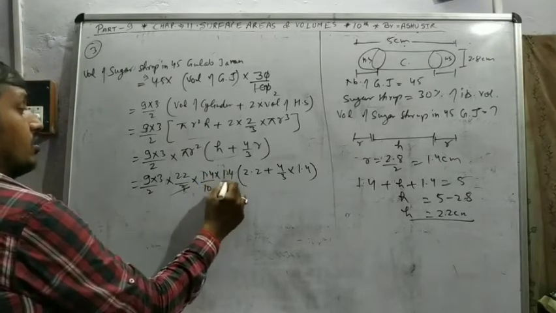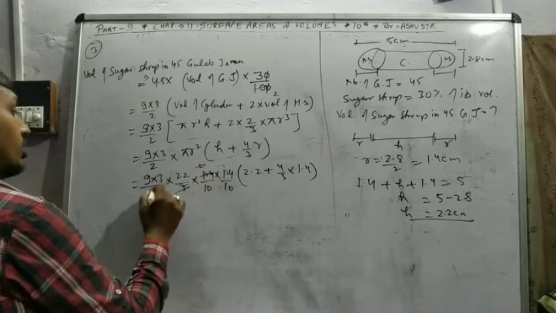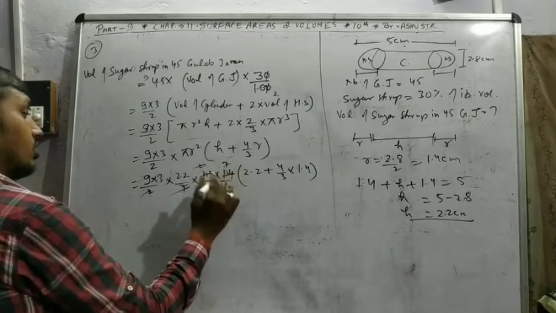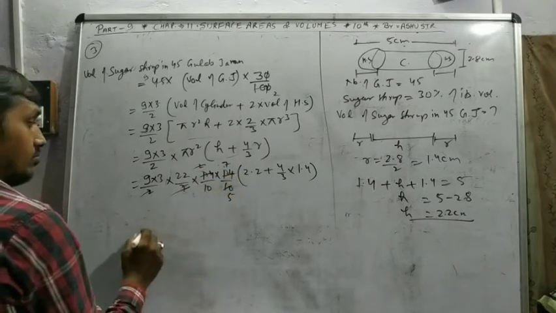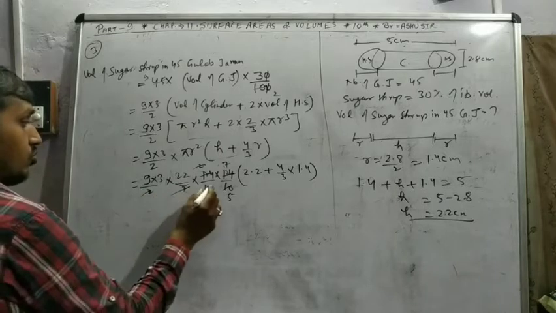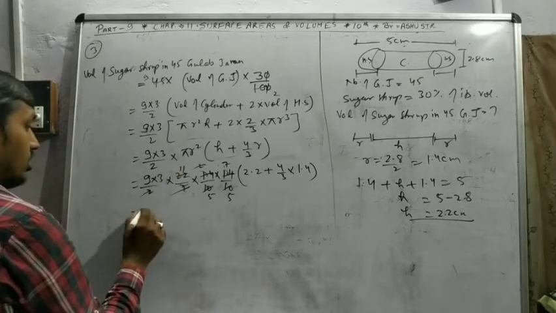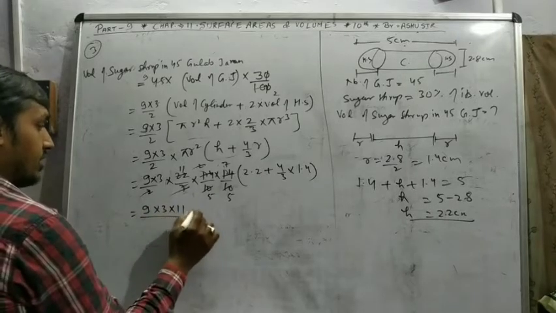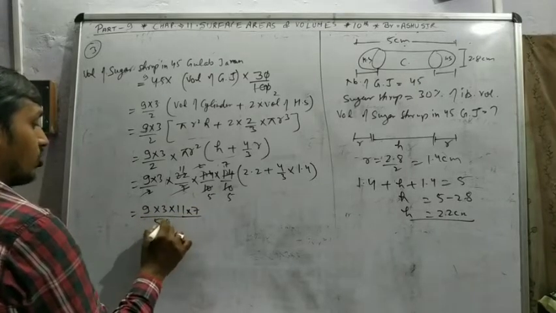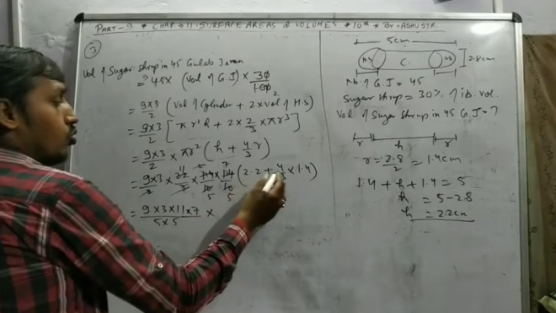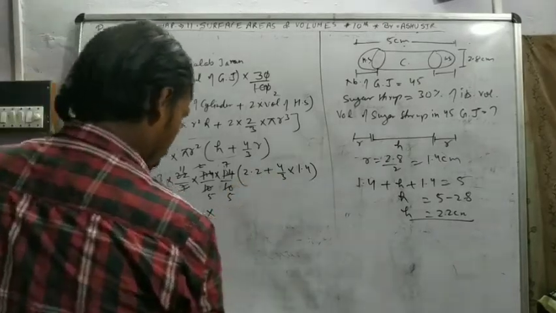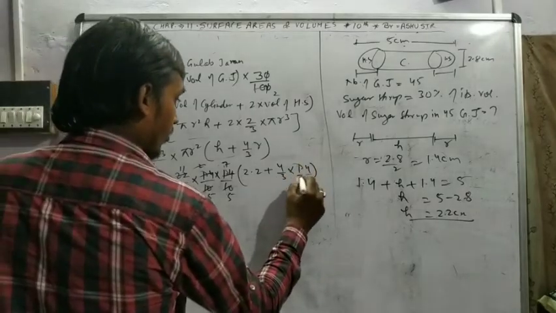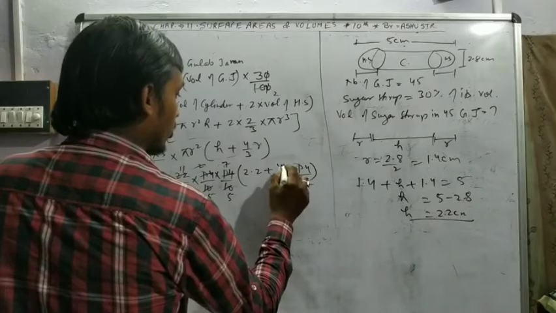Upon 10, 7 into 14, 2 cancels, 7 into 14, 2 5 is 10, 2 11 is 22, so 9 into 3 into 11 by 7 by 5 into 5, 2.2. Then solve it here: 2 7 is 14, 2 2 is 4.